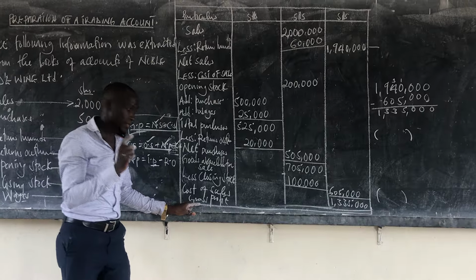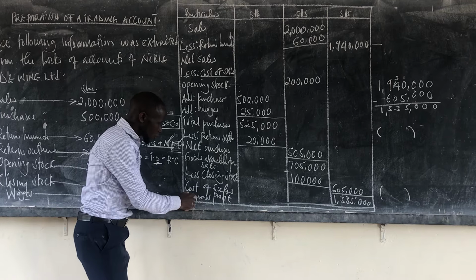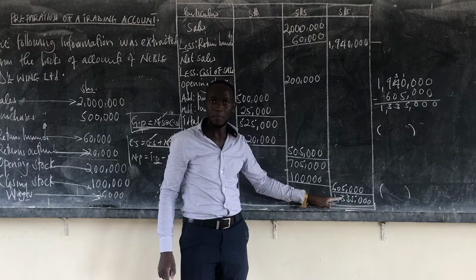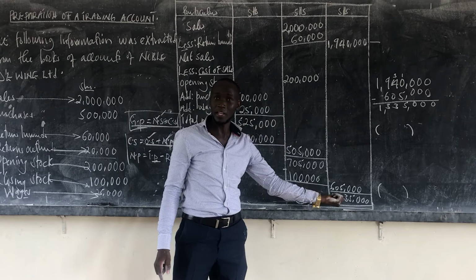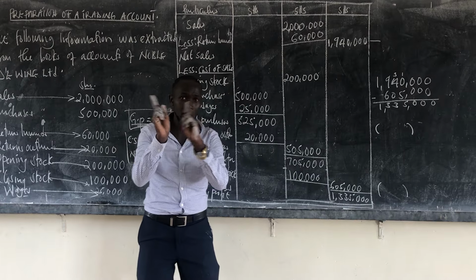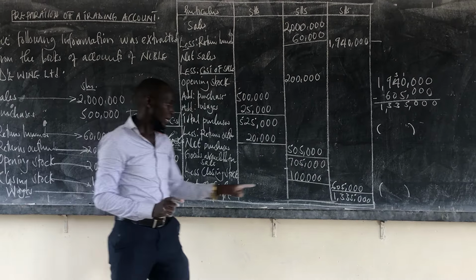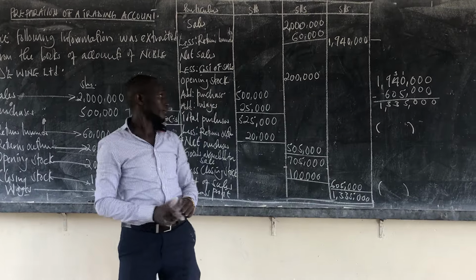If you realize that it is a loss and you write gross loss, don't put a bracket on this, because when you say gross loss, you have already told us that this one is a negative. So don't put a bracket anywhere when you say gross loss. When you say gross profit and this one is negative, please put it in brackets.